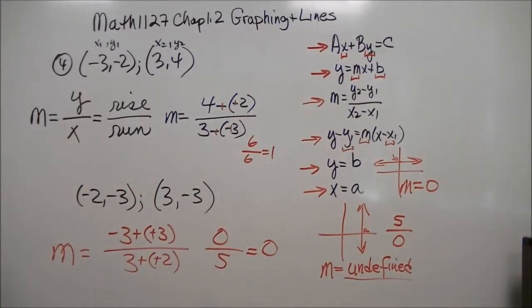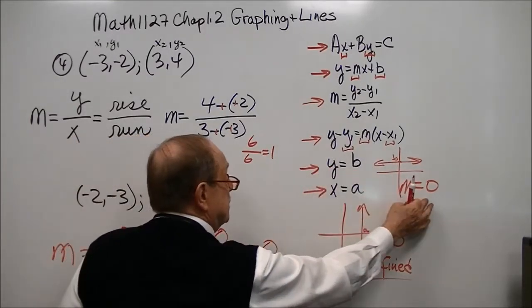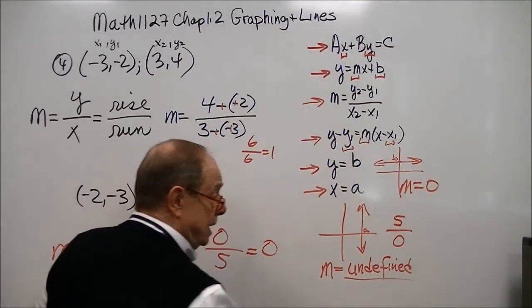Okay? So the slope of a horizontal line is always 0. The slope of a vertical line is always undefined.